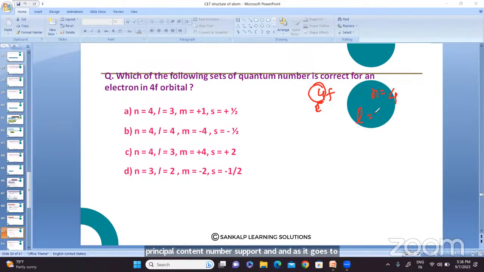For f, l is 3. Then l ranges 0, 1, 2, 3. Then what about m?